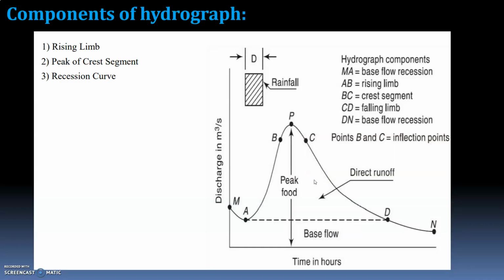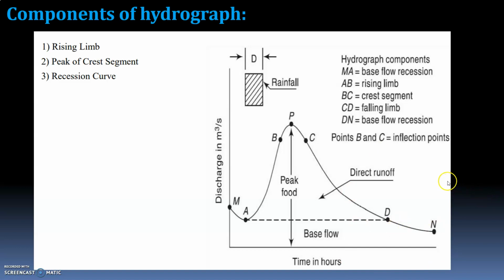Next, let us see what are the components of a hydrograph. This figure shows a single peaked hydrograph resulting from an isolated storm. Here the rainfall hydrograph along with the infiltration curve is shown on the top of the diagram.